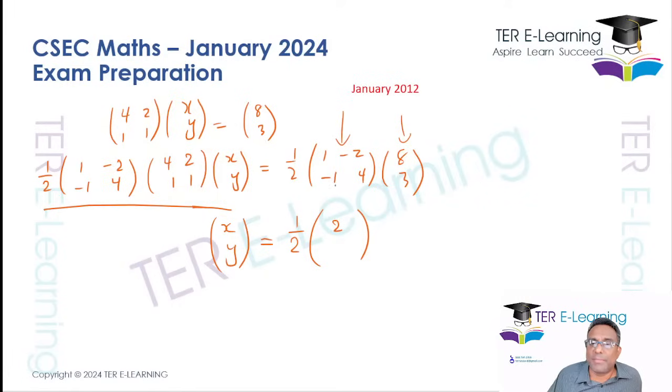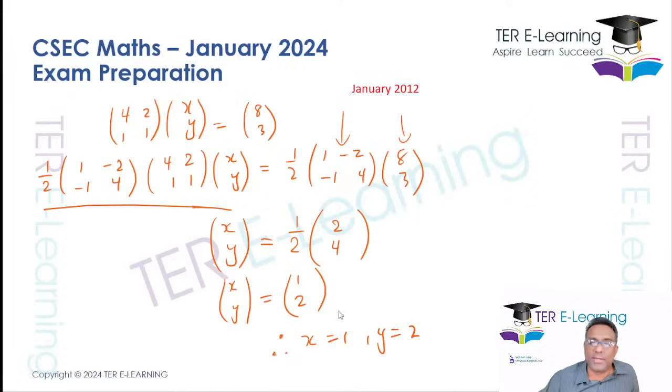Then minus 1 by 8 is minus 8, plus 12, and you get 4. When I work this out, I get 1 and 2. Therefore, x is equal to 1 and y is equal to 2. That's how we solve a simultaneous equation using the matrix method.